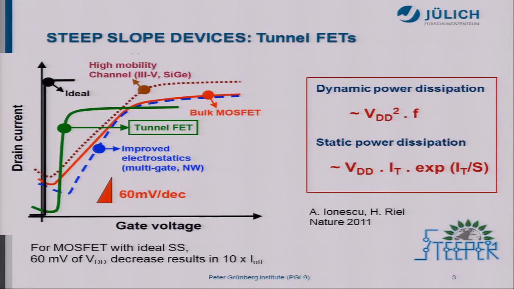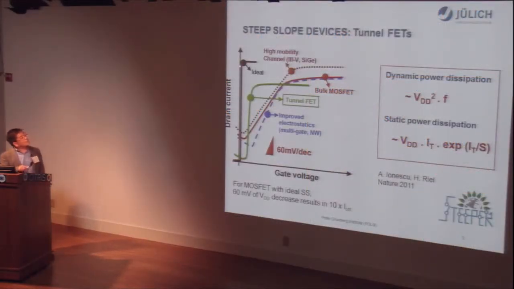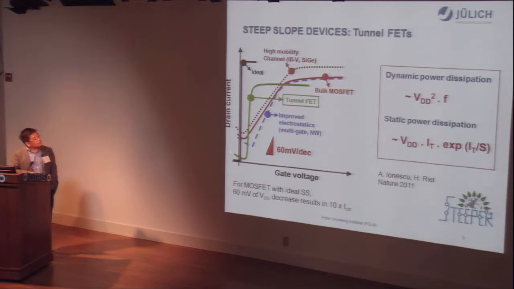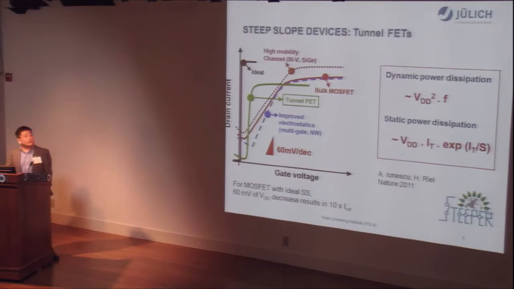This is why we cannot reduce the power consumption, because the power consumption is a function of VDD. So the ideal case is to somehow realize very steep slope devices, and the tunnel FET belongs to this family. You see here that we can really achieve a very steep slope, and also the off current can be very small.